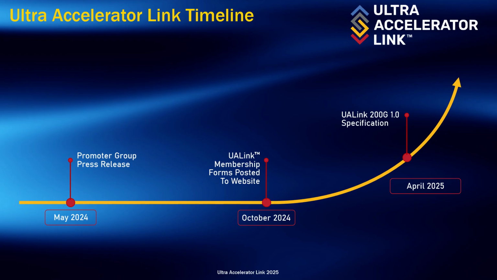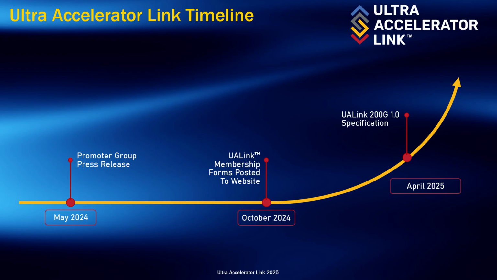So let's talk about the timeline. In May of 2024, there was a press release announcing the 12 promoter companies as the base. In October of that year, 2024, we opened it up to member companies.